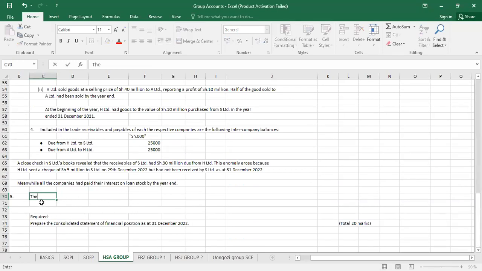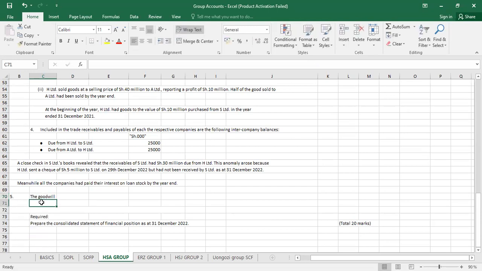It said goodwill had been impaired by 20% on cost as at 1st January 2021. Additional impairment of 20% was incurred during the year.